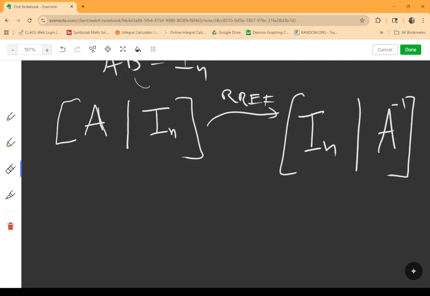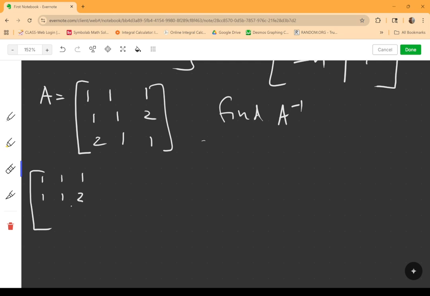If we are unable to do that along the way, then as long as all our calculations were correct, our matrix is not invertible, so we will not be able to find a matrix that is the inverse for A.